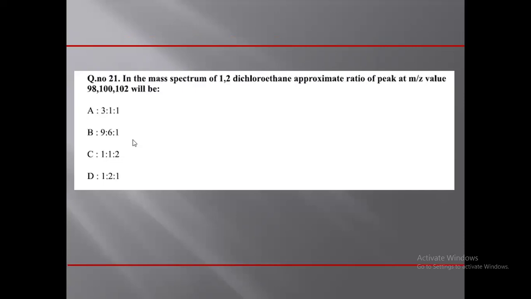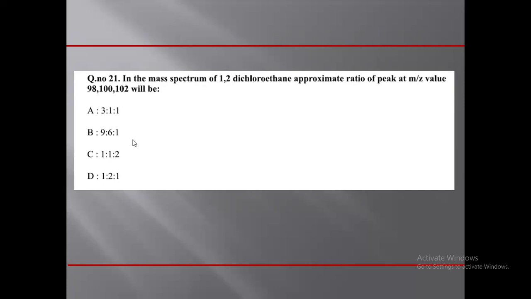Yes. Question number 21. In the mass spectrum of 1,2-dichloroethane, the approximate ratio of peaks at M by Z values 98, 100, 102 will be. So here the formula is there, and you know the chlorine abundance.